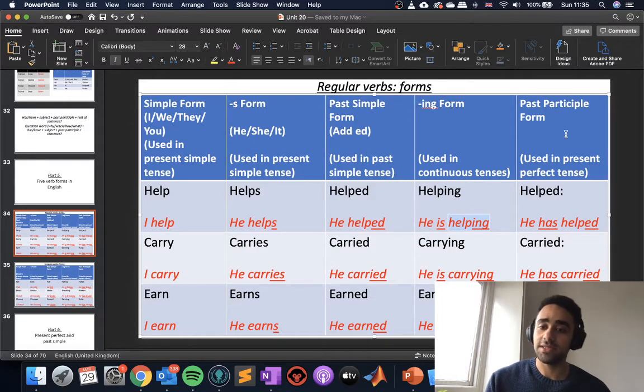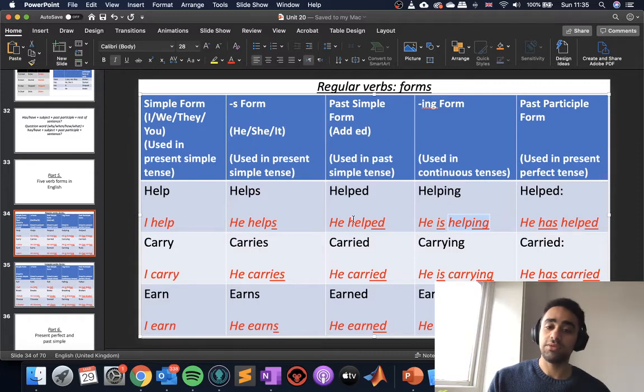And then we have the past participle form. So for past participle, let's say in present perfect, we have the subject, has or have, and then the past participle. For the regular verbs, we just add ed at the end of the verb, so it looks similar to the past simple.